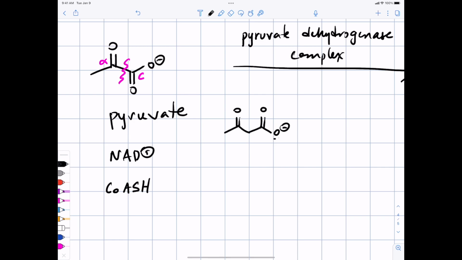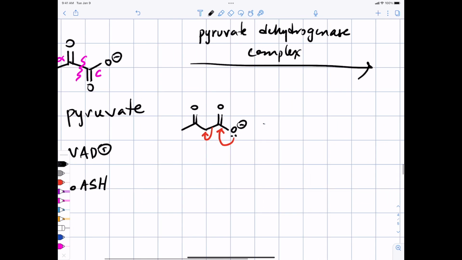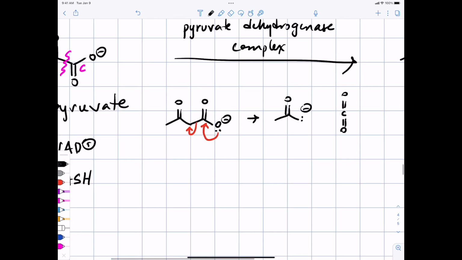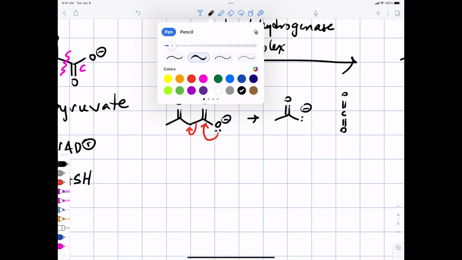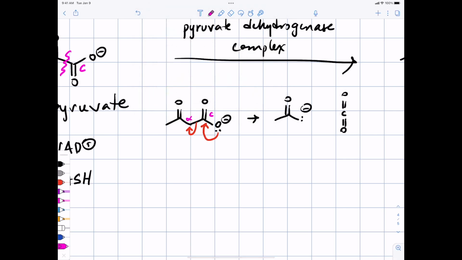We've talked before about how it's possible to take a beta keto acid and do a decarboxylation reaction because the resulting leaving group is an enolate, which is resonance stabilized, right? That's decarboxylation of a beta keto acid.